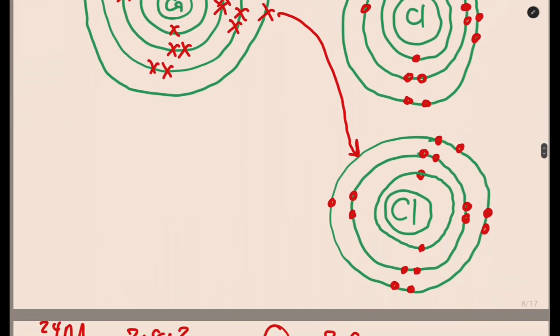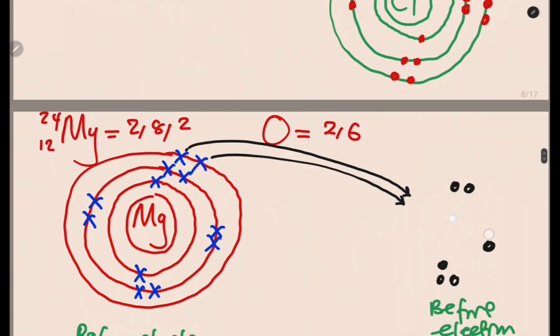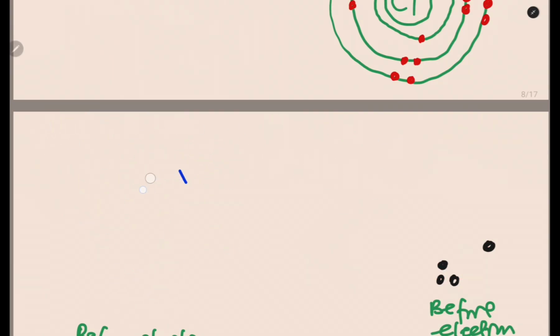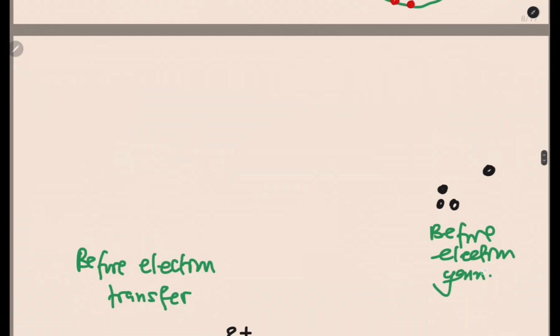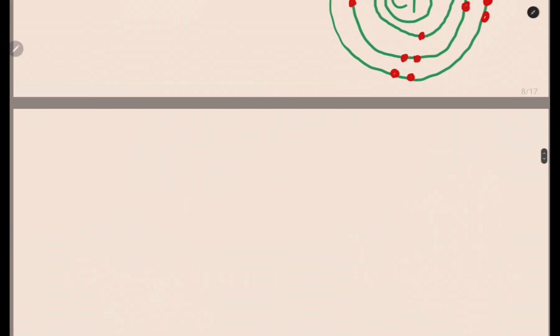Okay, so that is the before an electron gain. Okay, so this is before. Now after, how is it going to look? After now, electrons have been gained. Okay, so calcium, it is going to be like this.